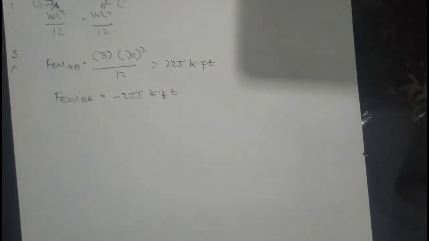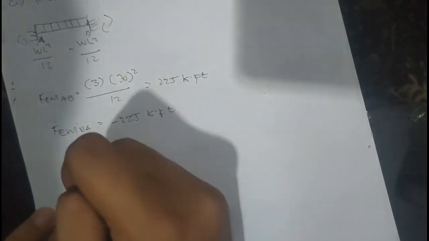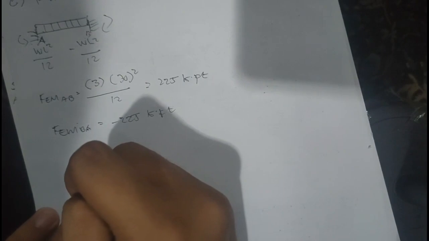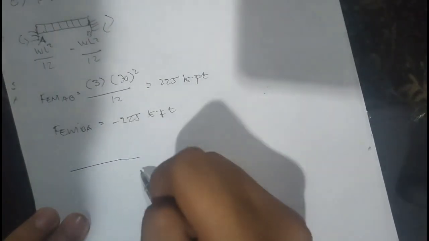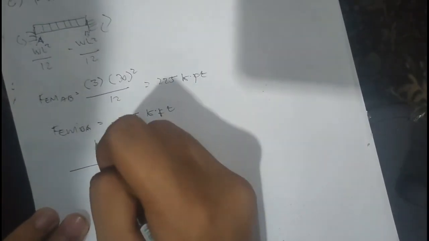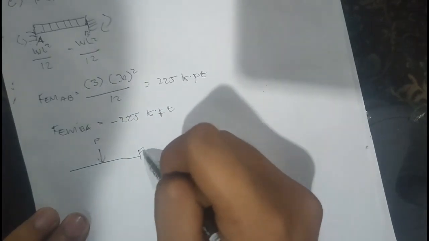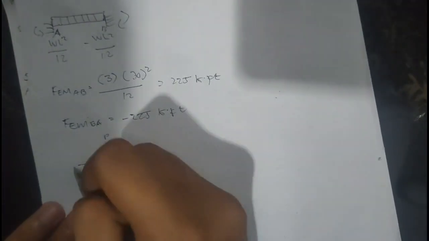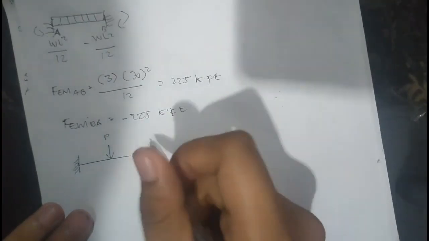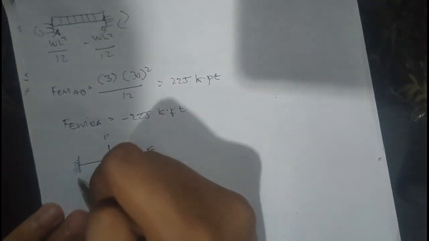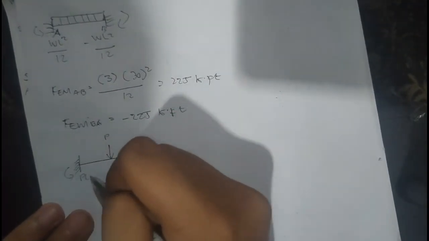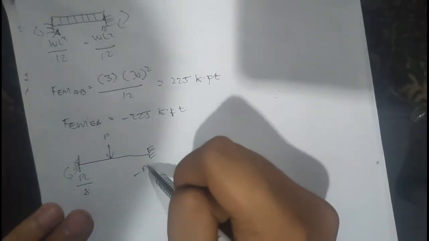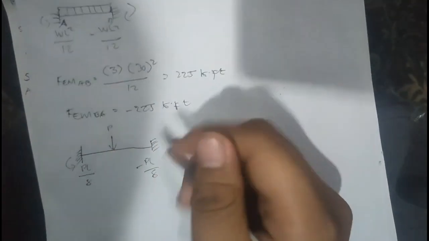Next one, the fixed end moment at BC. The formula is PL over 8 and negative PL over 8.